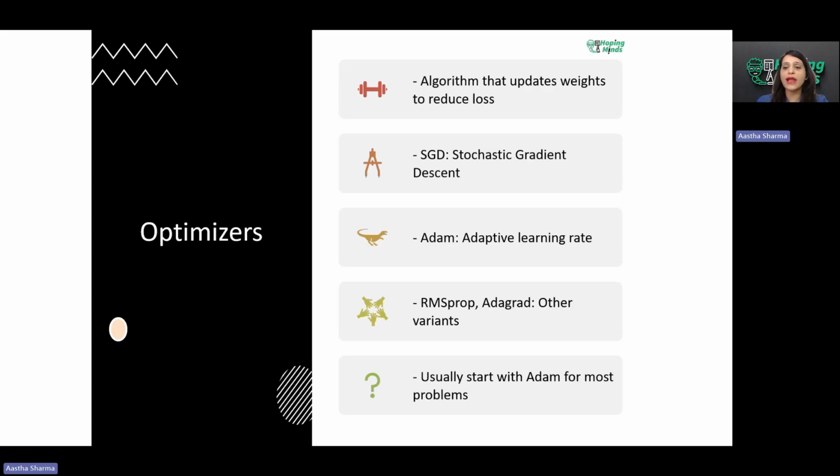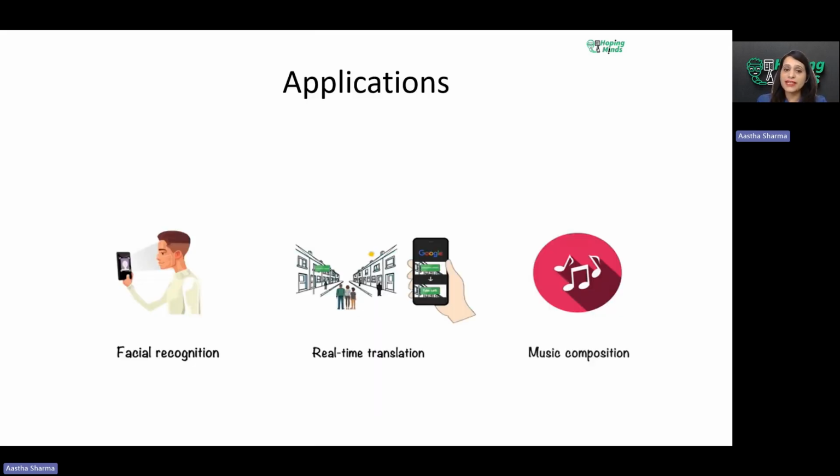Before that, let's see what more applications of neural networks there are. Face recognition is one, and then real time translation. Suppose I went to Russia, and there all the people communicate in Russian, their native language. I understand only Hindi and English, so there was no one to communicate with. I took help from Google Translator, which translated word by word.